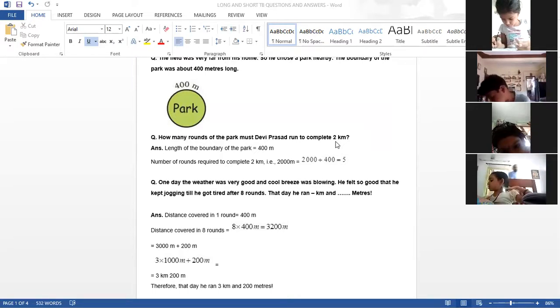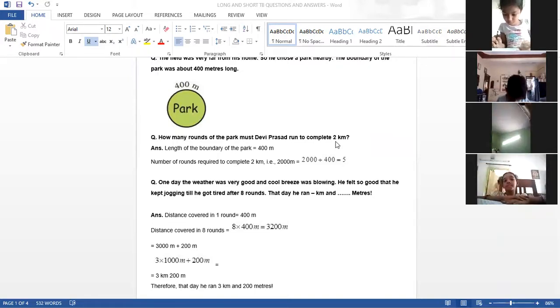One round of the circular park is 400 meters. 8 rounds means 400 into 8. That is 3,200 meters.